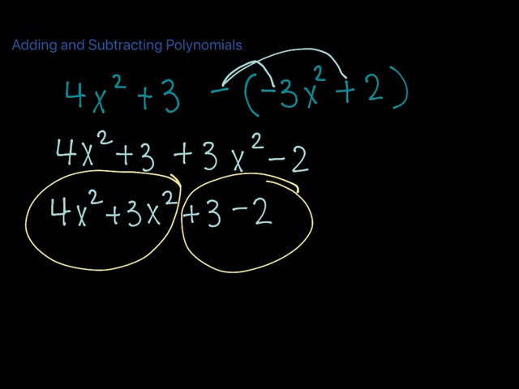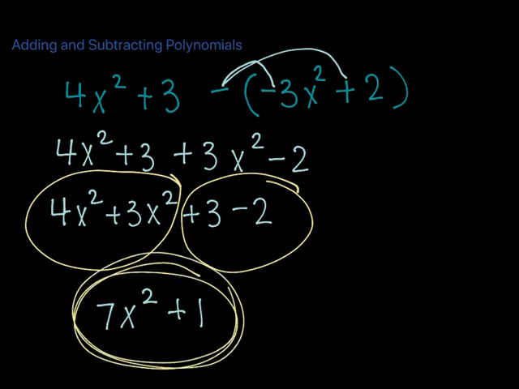So next we add 4x squared plus 3x squared is 7x squared, and 3 minus 2 is 1. So from 4x squared plus 3 minus negative 3x squared plus 2, we get the answer 7x squared plus 1.